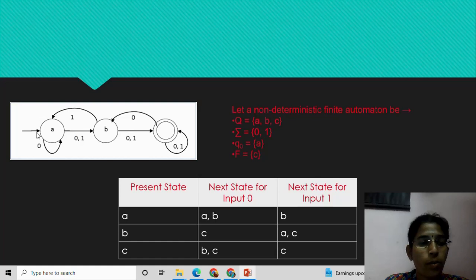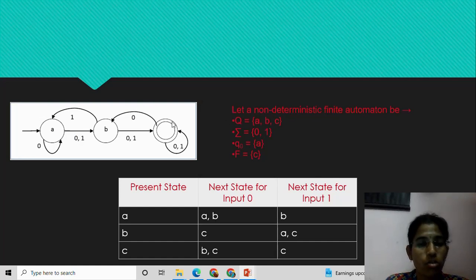The arrow mark points to the starting state, Q0 equals A. So A is my starting state, represented by the arrow mark. F equals C, which means C is double circled. C is a final state. So that is the graphical representation.